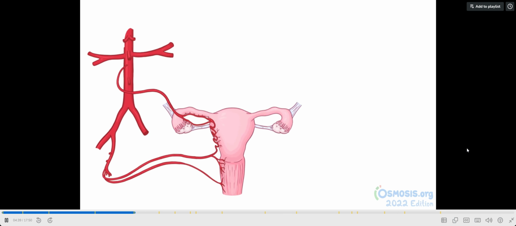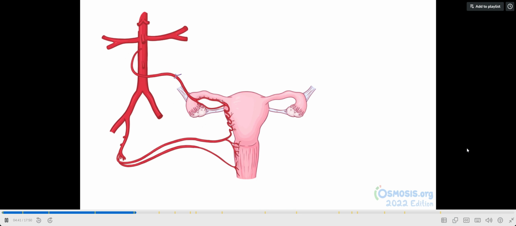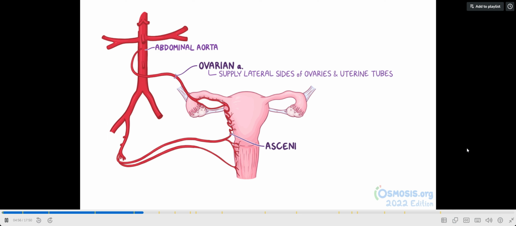There are 2 main arteries that supply both the ovaries and the uterine tubes. First are the ovarian arteries, which arise from the abdominal aorta and travel inferiorly behind the peritoneum and enter the suspensory ligaments of the ovaries to supply the lateral sides of the ovaries and the uterine tubes. Next are the ascending branches of the uterine arteries, which arise from the internal iliac arteries.